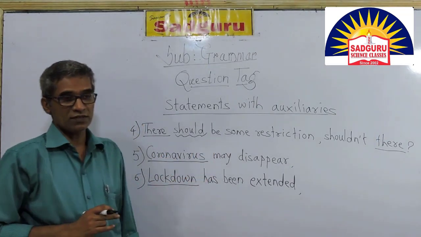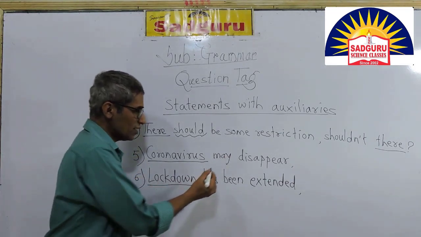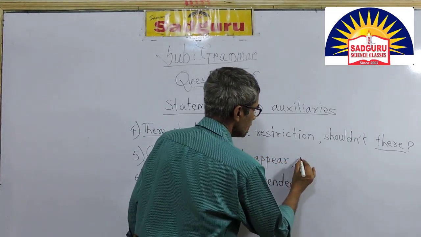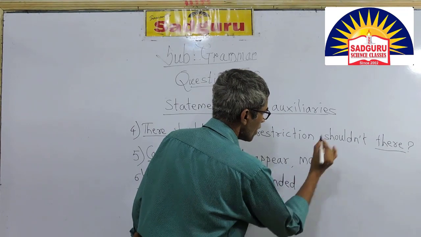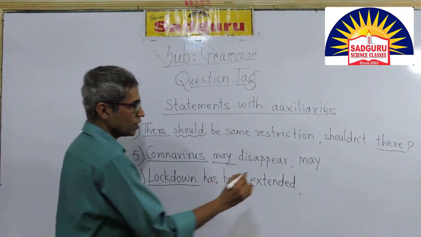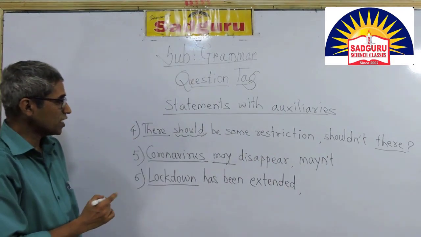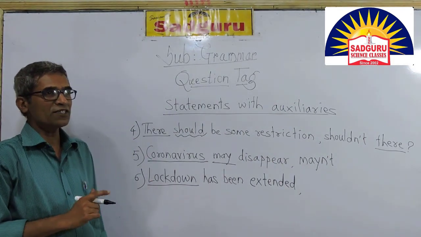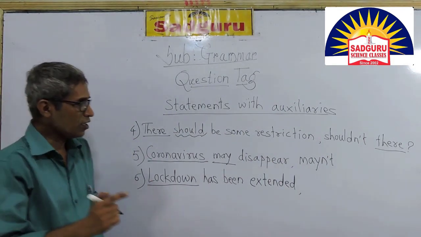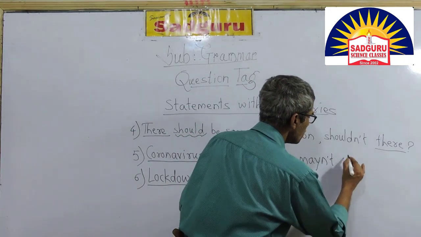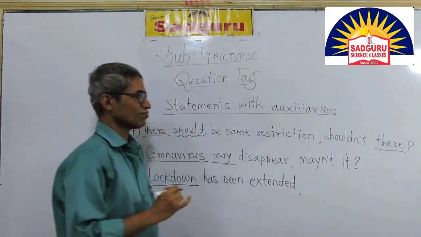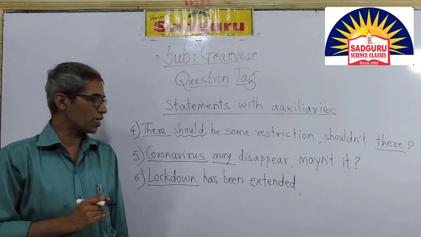Coronavirus may disappear. What is the auxiliary here? May is the auxiliary, that's right. And to make it negative, you just add nt, and the subject is coronavirus. Coronavirus is one, okay, so you take the pronoun it. Mayn't it is the question tag.